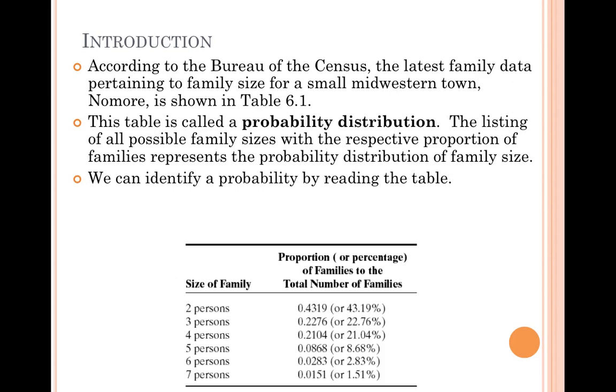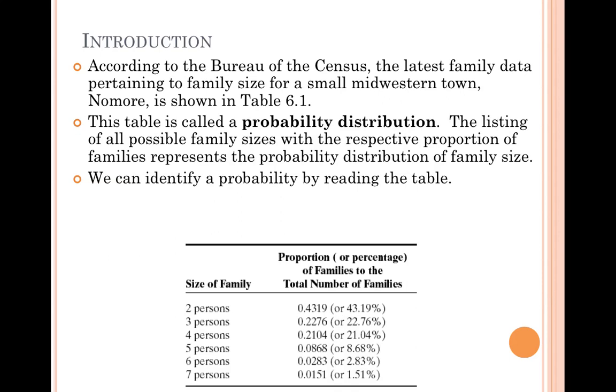Okay, so this kind of probability, reading from a table, is a little bit different from what we just discussed from Chapter 5. Chapter 5 is called classical probability, where you look at experiments and you look at, in theory, what should happen when you flip a coin or roll a die or spin a spinner. What we're looking at right here is an actual table of values.